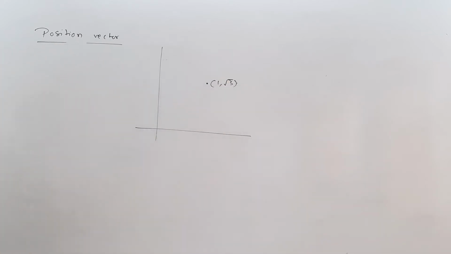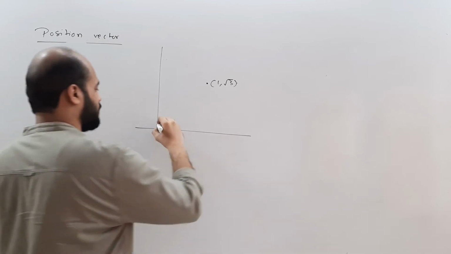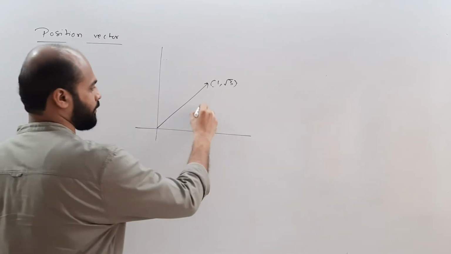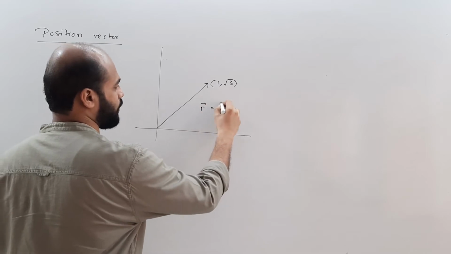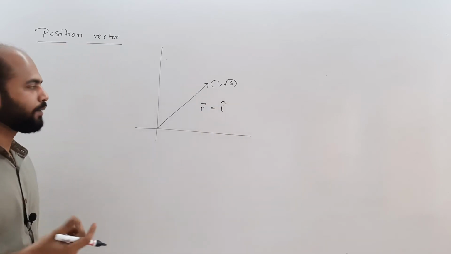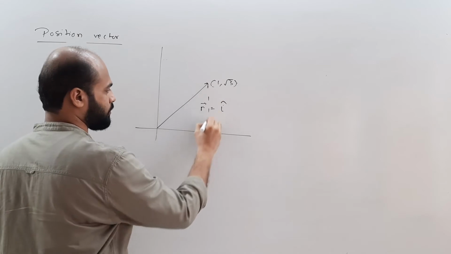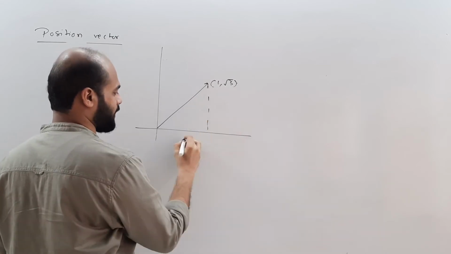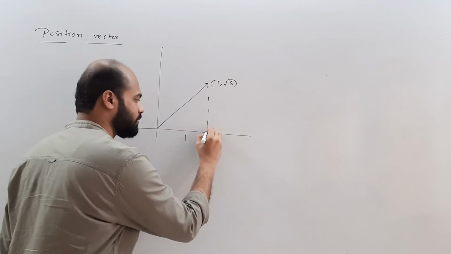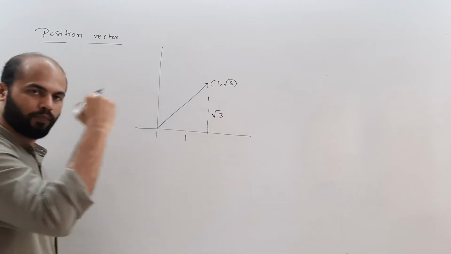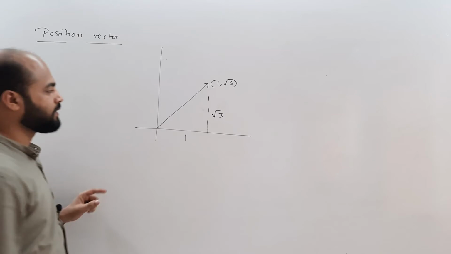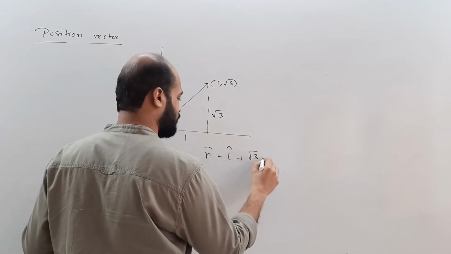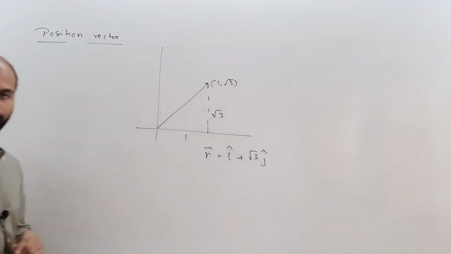It means that this vector r bar is equal to 1 i cap, because it is 1 unit along x axis and root 3 units along positive y axis. So we can write this r bar as i cap plus root 3 j cap.